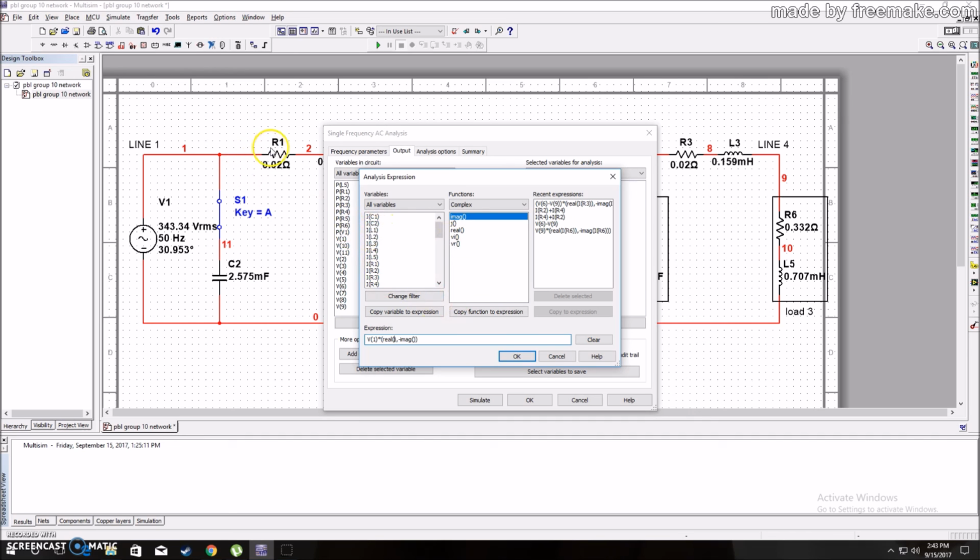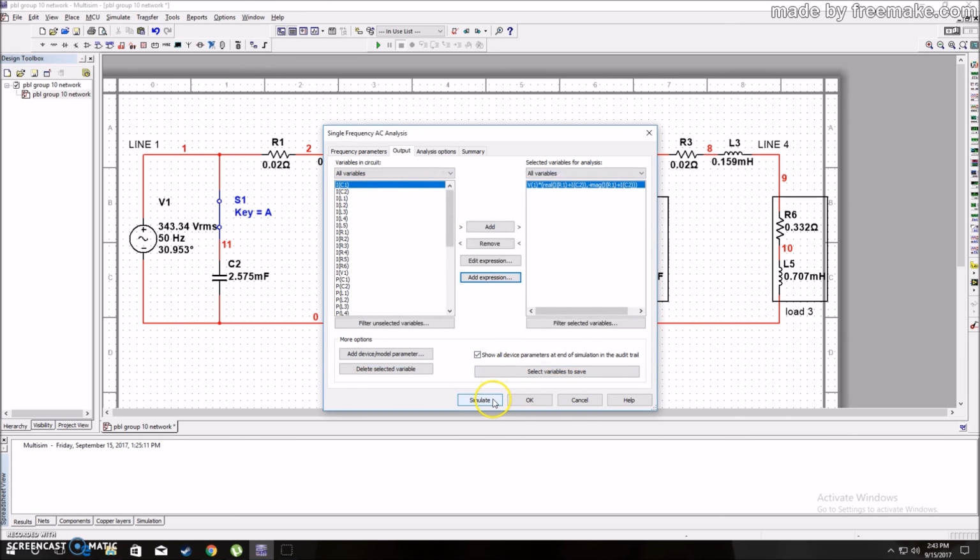So IR1 will be plus current IC2, and the imaginary also has the same value, IC2. Okay, and then simulate.